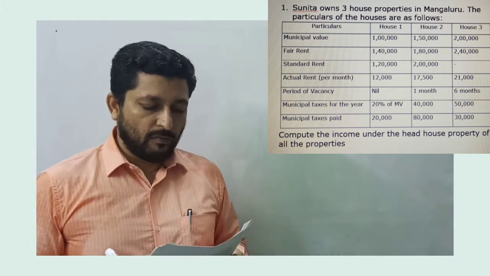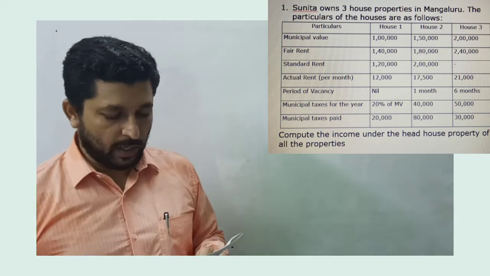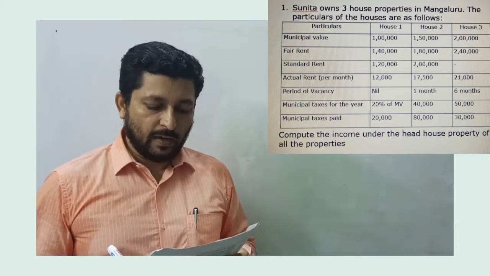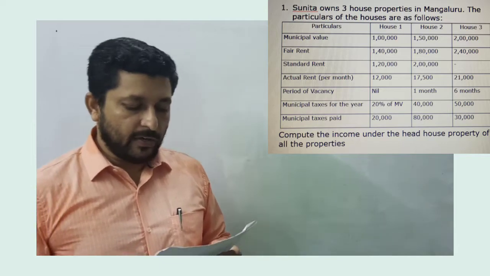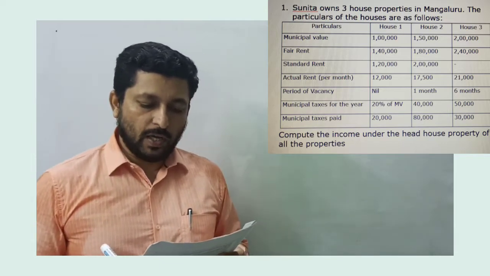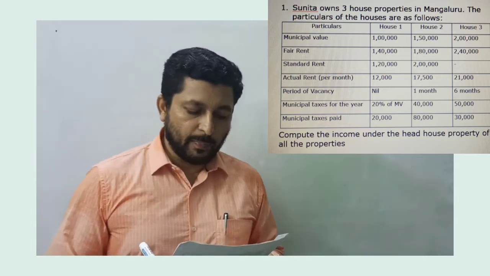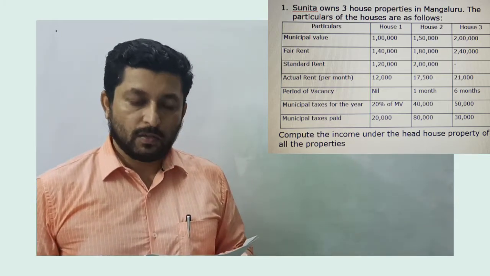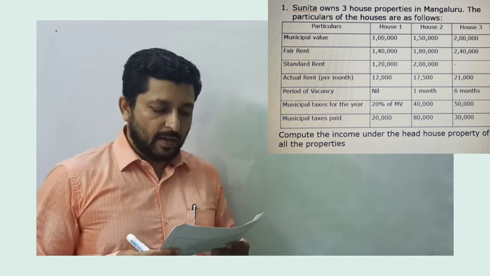Municipal value for house 1 is 1 lakh, for house 2 is 1 lakh 50 and house 3 is 2 lakh. Fair rental value is 1 lakh 40,000, 1 lakh 80,000 and 2 lakh 40,000. Standard rent is 1 lakh 20,000, 2 lakh and nothing is given for house 3. Actual rent per month is given for house 1 12,000, for house 2 is 17,500 and house 3 is 21,000.